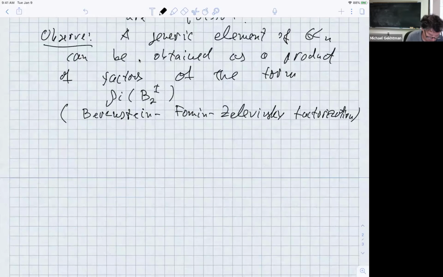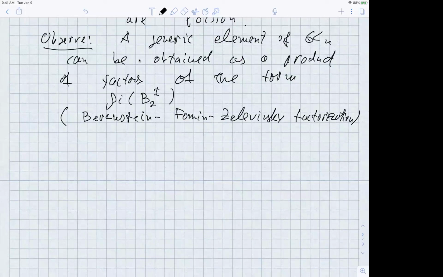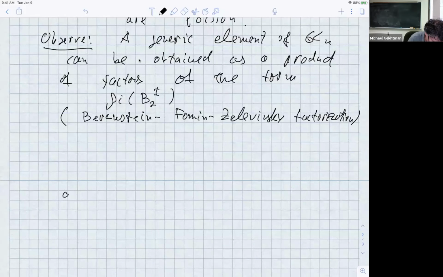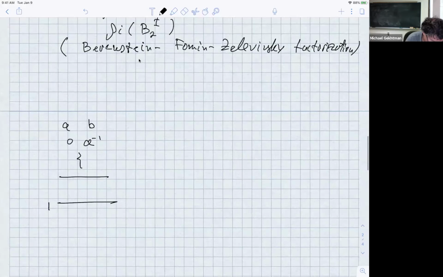All right, so as you recall, let me write down an element in B2 plus, and I'm going to replace this element with a picture of the following shape. There will be some arrows, and I will write here A inverse B, and I'll just say in words what I mean by this picture.